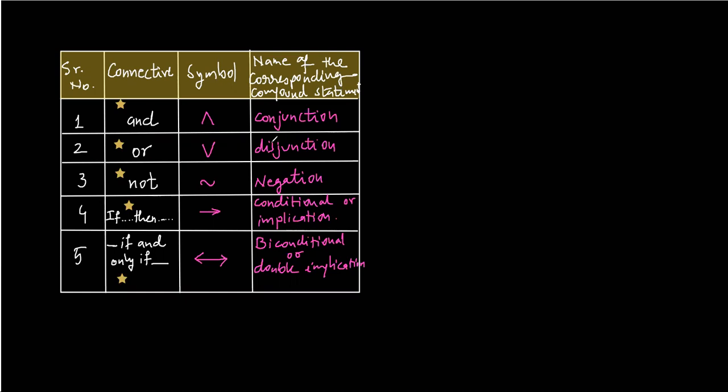The earlier one was conjunction, and this is disjunction. When I use a logical connective not, the symbol for not is this, and the compound statement which I get after using the not logical connective, I will call it negation.